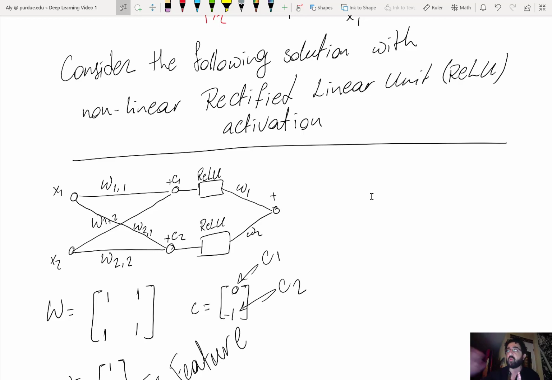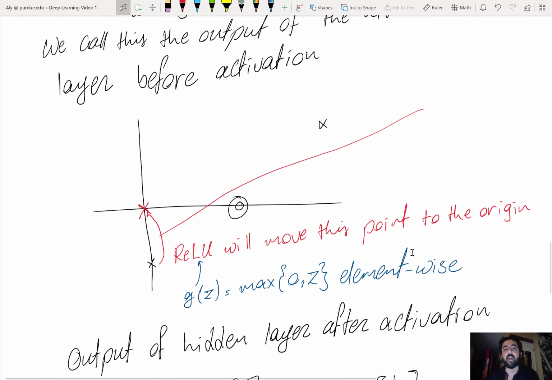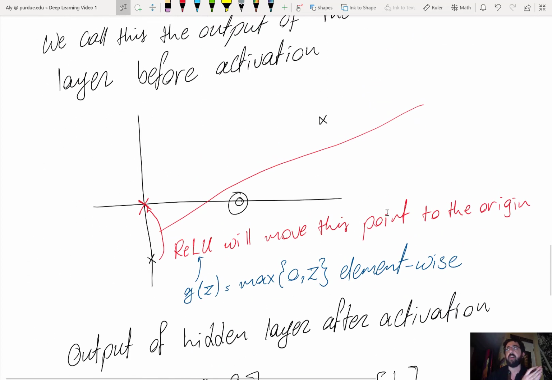Now we can have two layers that are doing different functions, and through these two layers, we can perfectly achieve, or learn, this XOR function.